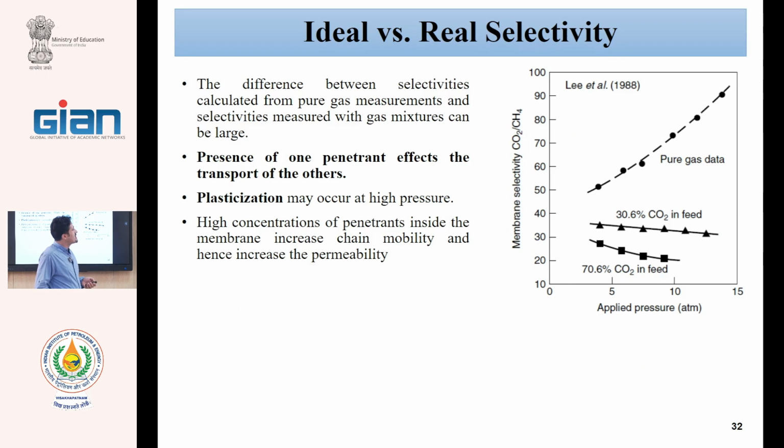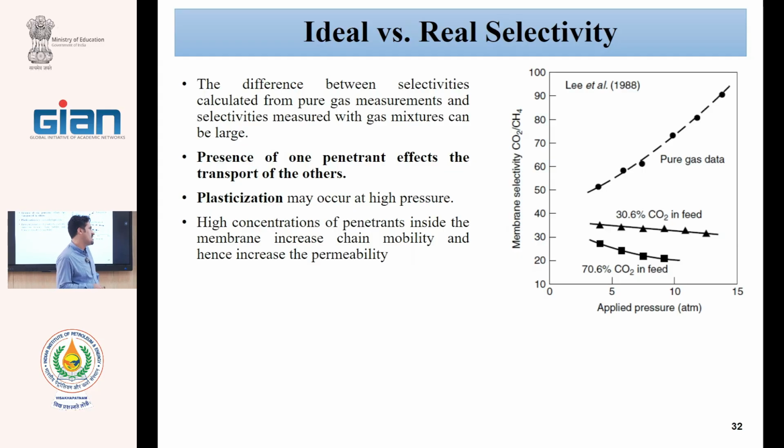But when we have a real selectivity, we see that when we have a mixture of the gases, the gases could interact with each other, and one gas, when adsorbed, can block the active sites. And therefore, we see that the selectivity for pure gas can be changed in the presence of the other gases.